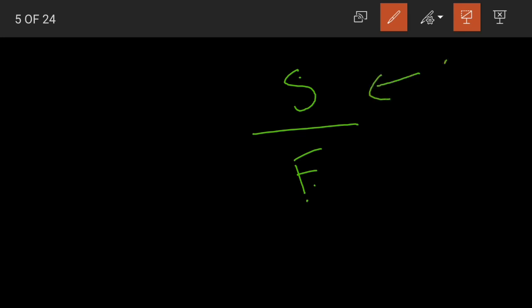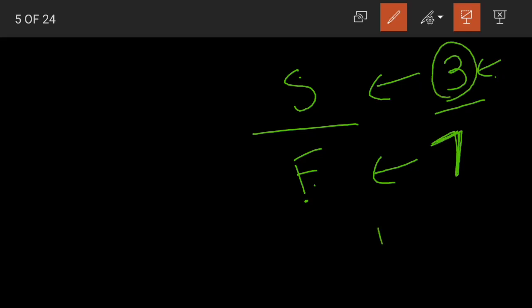By child, what do we mean here? The smaller number, say 3. And by father, whom do we mean? By father we mean the larger number 7. Now when we have a fraction in this form, the child is on top and the father is bearing the weight of the child. Father is down and he is bearing the weight of the child.